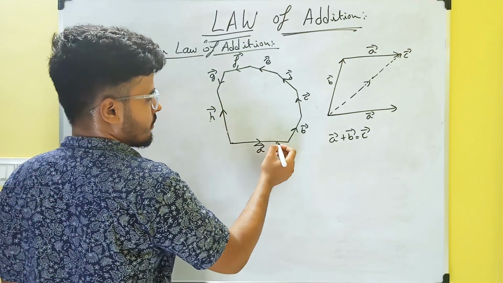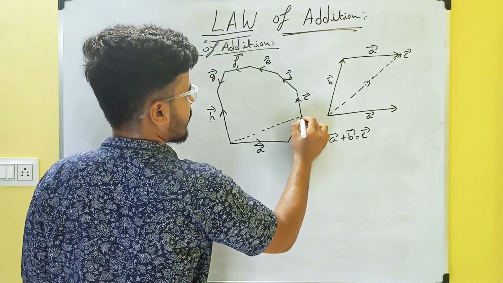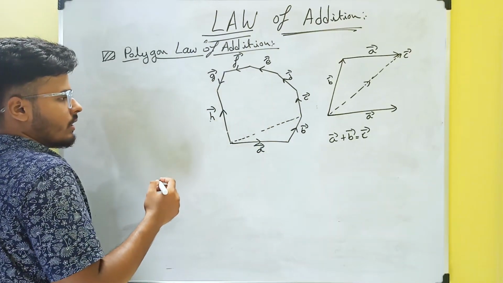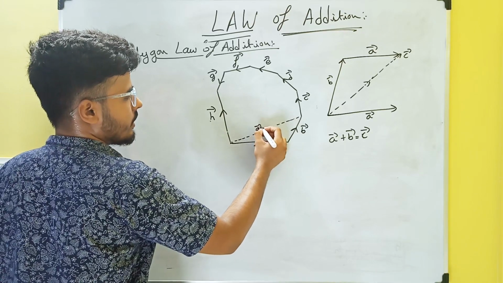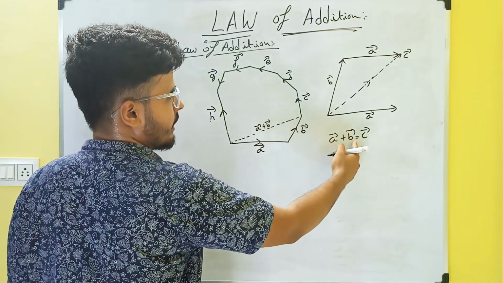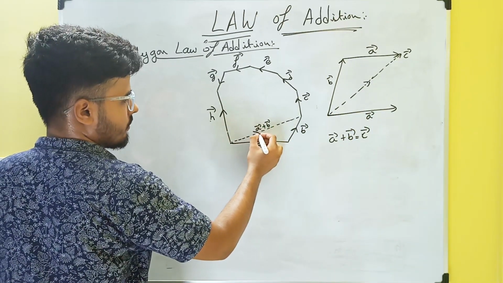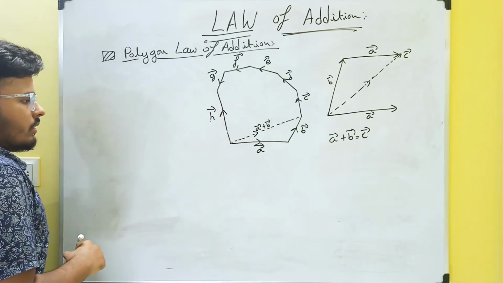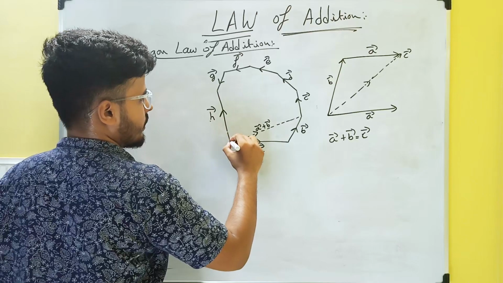So from these two, we can say what will be the resultant vector? A vector plus B vector, right? A vector plus B vector is the resultant vector. This is the triangle law in this direction. Okay. So this is the resultant vector.